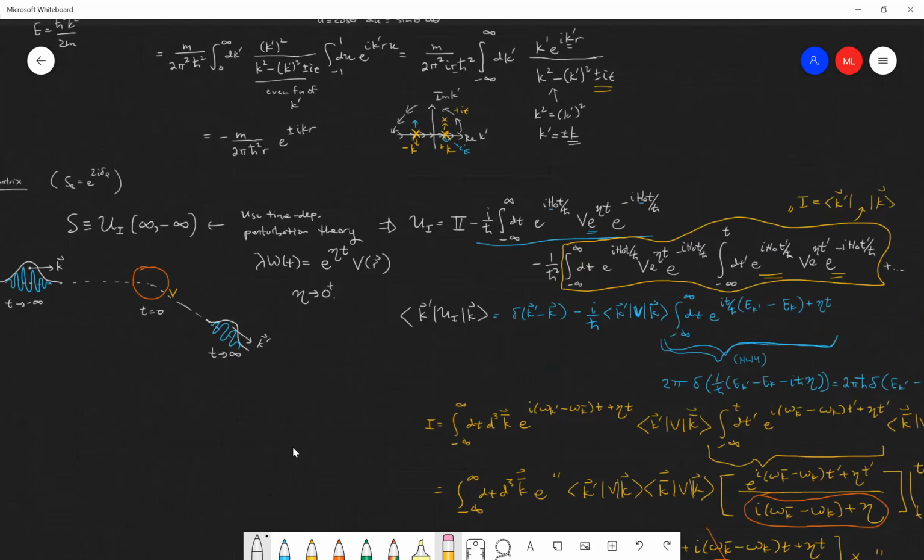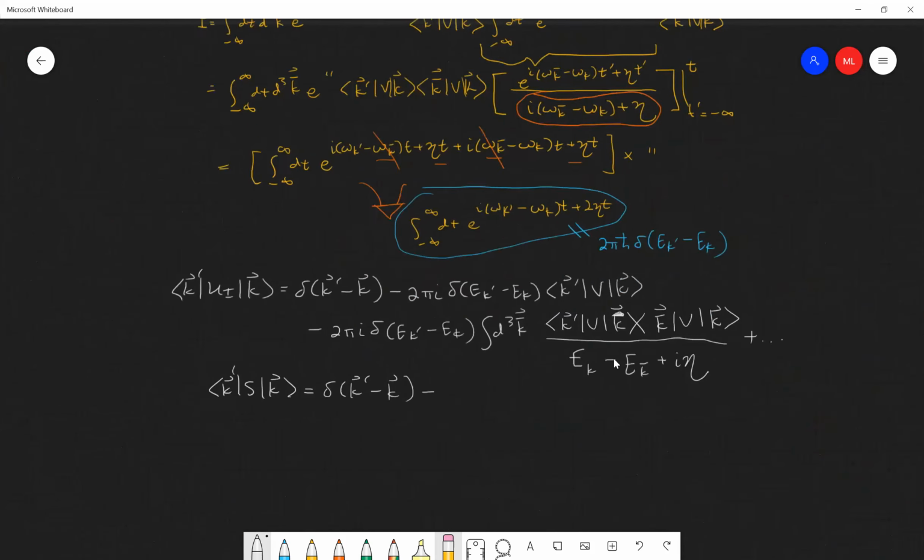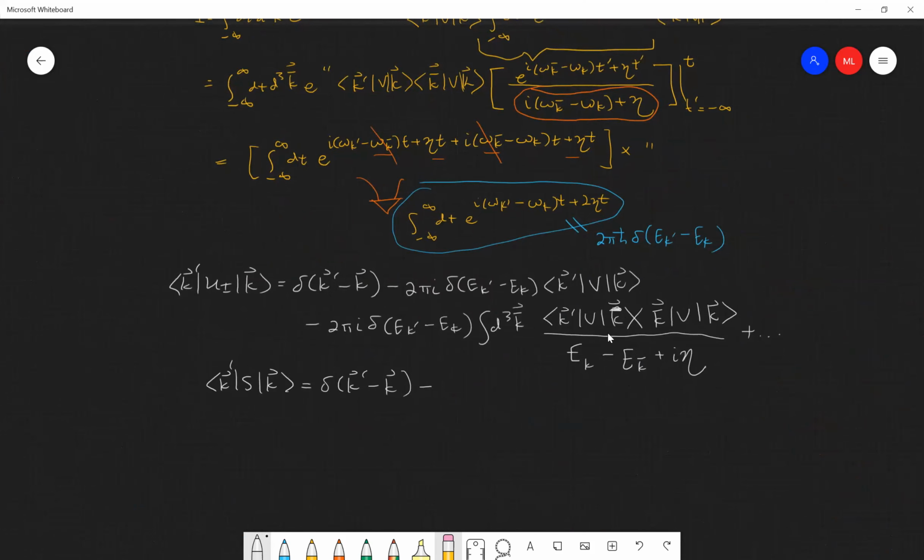And that's exactly what this term is. Two matrix elements sandwiched between K prime and K with a completeness in here that takes care of diagonalizing the propagator portion, which just gives us this. And instead of plus I epsilon, we just have a plus I eta, but it's still just a small number that we send to 0.